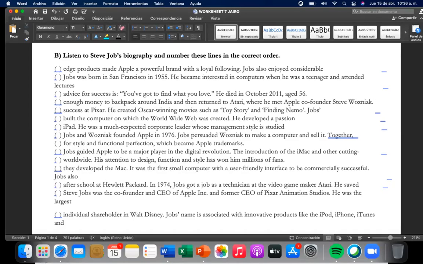Sabemos que los regulares son los que terminan en ed y los irregulares son los que cambian totalmente. Esos que cambian son difíciles de aprender porque hay que memorizarlos, pero son fáciles de pronunciar. Los regulares son fáciles de aprender porque simplemente es ponerle ed al verbo con algunas excepciones, pero son más difíciles de pronunciar. Entonces ahí tenemos como esa diferencia.